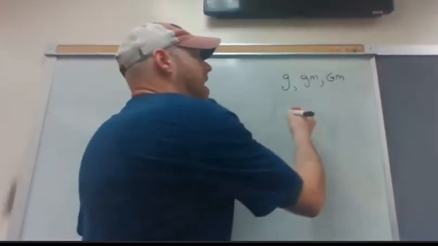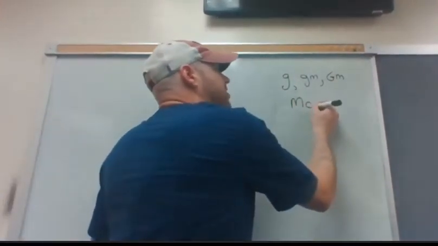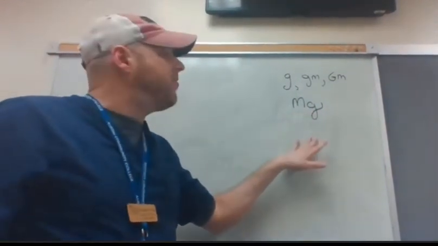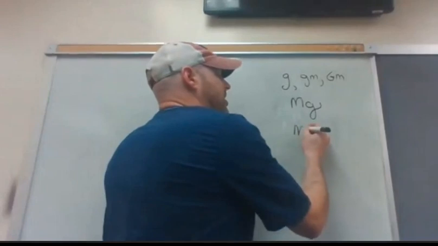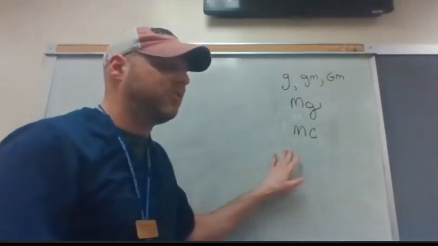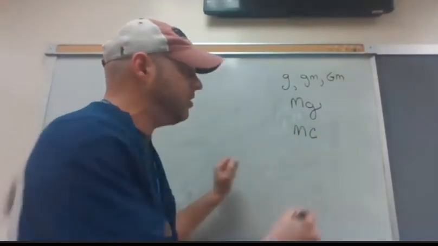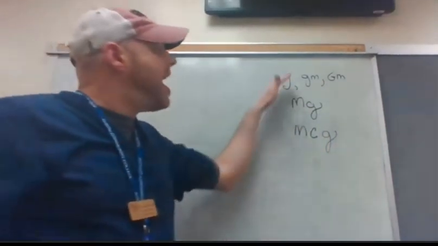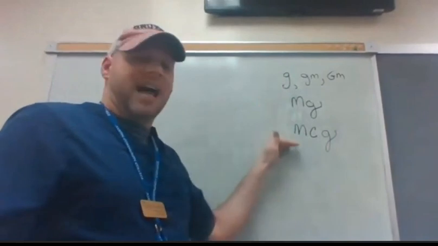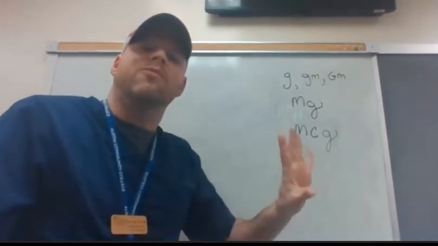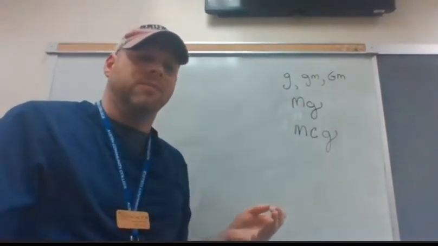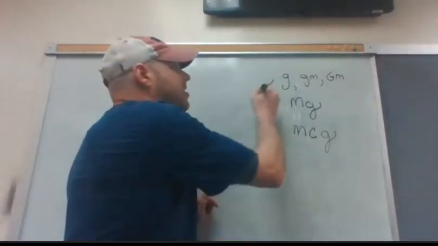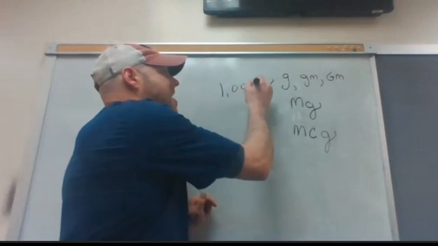Other medications come in milligrams, and there's what it looks like. And finally, some medications, especially with pediatrics, come in the smallest measurement known as microgram. Now, this is important that I put it largest to smallest, because when we start setting up our problems, all you ever have to remember to convert is that it is the rule of 1,000.